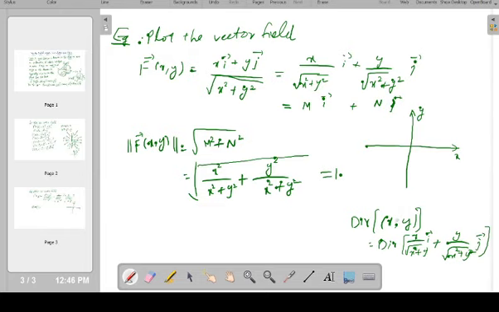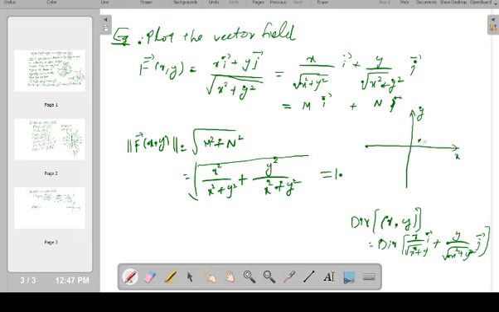This x comma y can be written as xi plus yj. So direction of xi plus yj is the same as direction of this vector. So at every point x comma y other than 0, you have to draw a vector whose magnitude is equal to 1 and whose direction is the same as the direction of the vector x comma y.